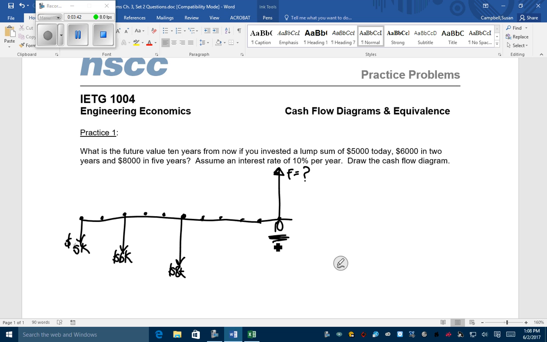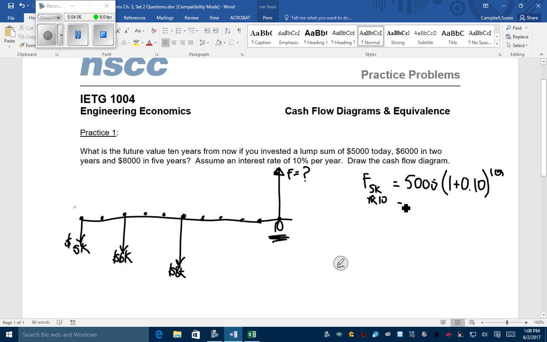So if we wanted to say what is the future value of $5,000 in year 10, that's going to be 5,000 multiplied by 1 plus the interest rate, which is 10%. And we're looking at that in year 10.